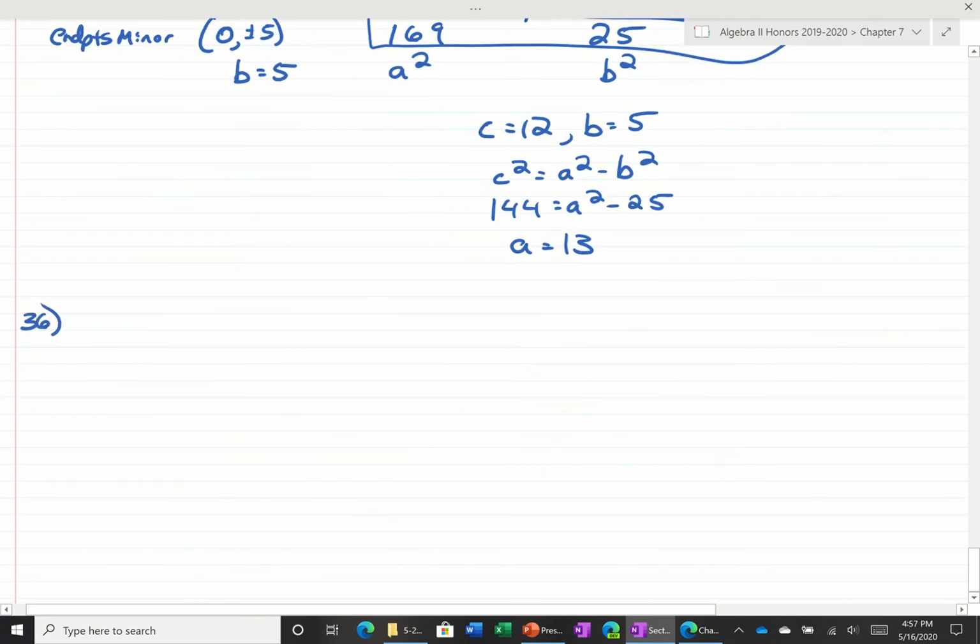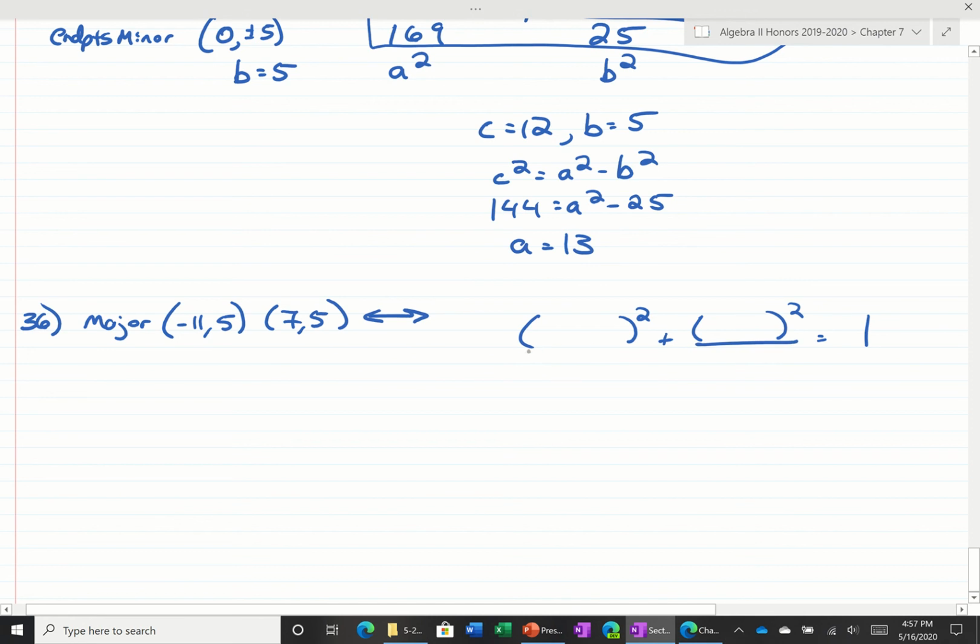For 36, it's saying that the endpoints of the major are negative 11, 5, and 7, 5. So this tells us that we're going left and right for the major, which means our ellipse equation is horizontal.